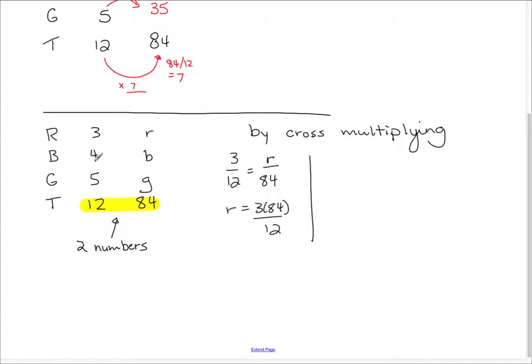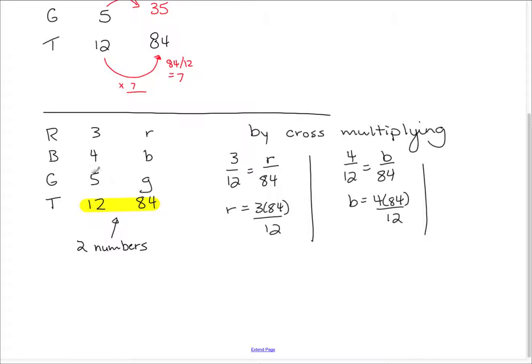You're also going to need to find the B, so we're going to do 4 over 12 equals B over 84. And if we want to find B, we can cross multiply and go 4 times 84 divided by 12.